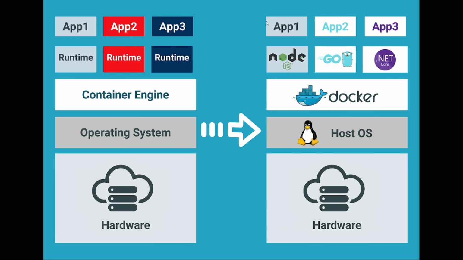So you can see we have app1, app2, app3. Your app1 is running on Node, your app2 is running on Go, and your app3 is running on .NET. But you can see you have one hardware. Hardware means your server, your machine, your development machine, whatever you are working on, or any environment where you have deployed your application.